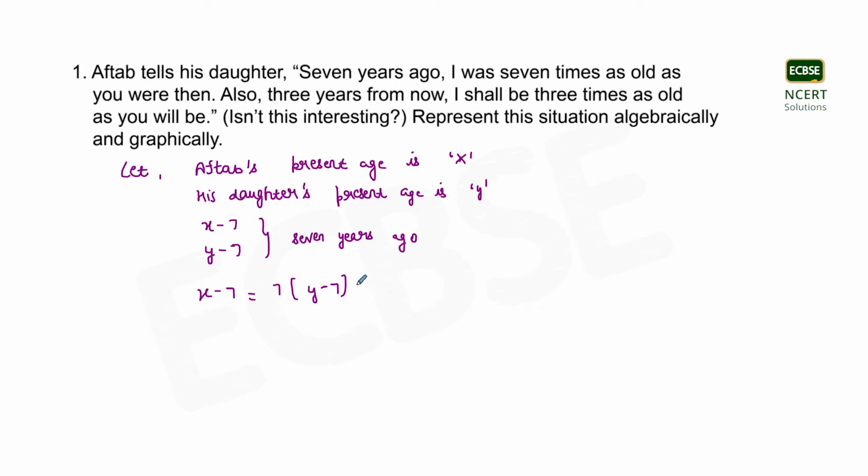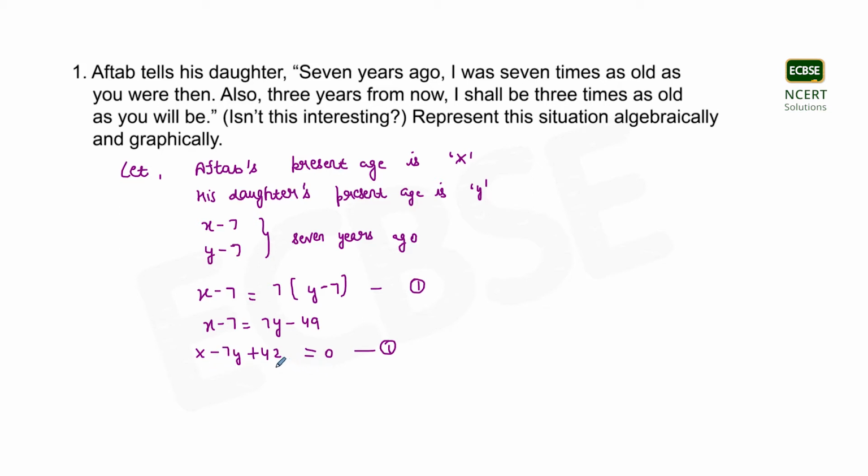Okay, so this is the linear equation formed from the first statement given by Aftab, right? On solving it, we can say X minus 7 is equal to 7Y minus 49, or simplifying it, it can be written as x minus 7y plus 42 is equal to 0. Let this be marked as statement 1.